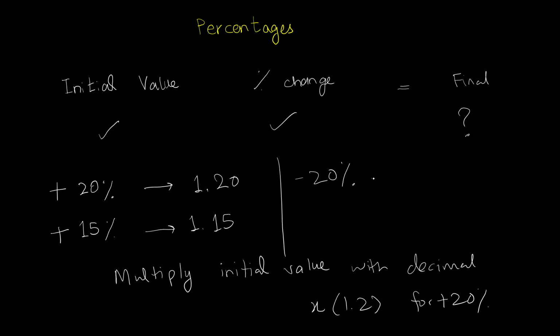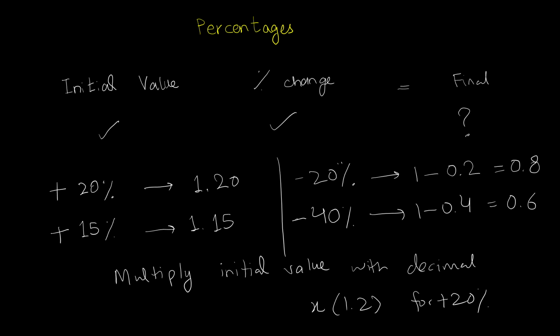You just subtract 0.2 from 1. Previously it was 1 plus 0.2. Now it's 1 minus 0.2, which means you have 0.8. So what will happen for negative 40%? 1 minus 0.4, which is 0.6. That's it. You just have to multiply the initial value with this decimal and that will give you the answer.